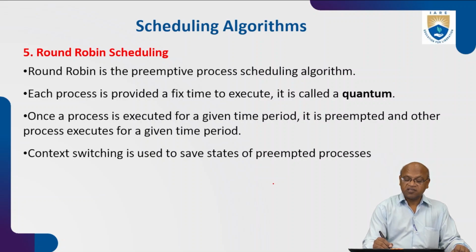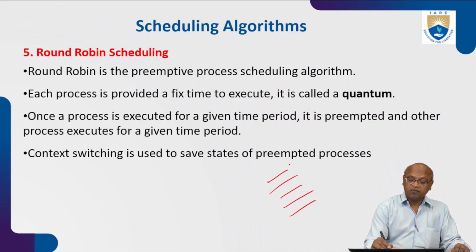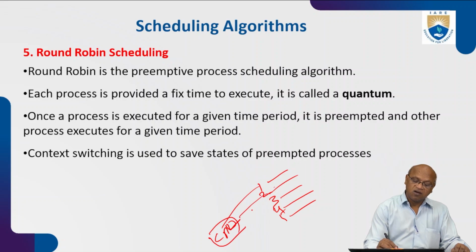As we have seen, this is the program we are writing. In this program, each instruction when it comes for the CPU becomes a process. This is process 0, process 1, process 2, process 3, like this.